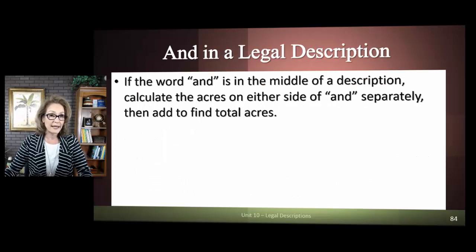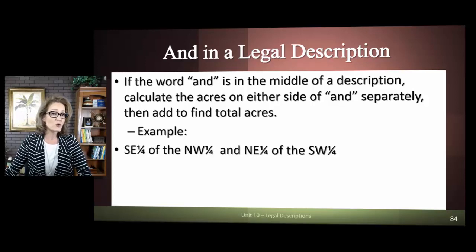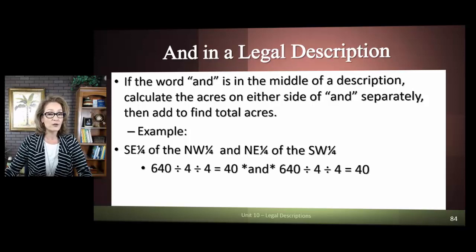If the word "and" is in the middle of the description, calculate the acres on either side of the "and" separately, then add to find the total acres. For example, the southeast quarter of the northwest quarter and the northeast quarter of the southwest quarter. We're going to take 640, divide it by 4 for the southeast quarter, divide it by 4 for the northwest quarter.